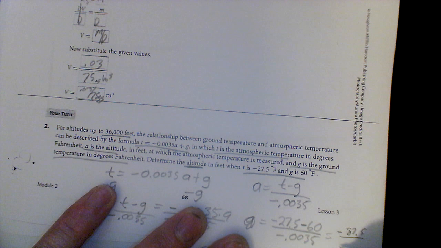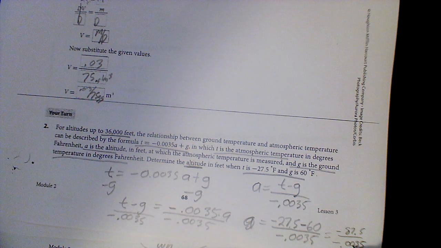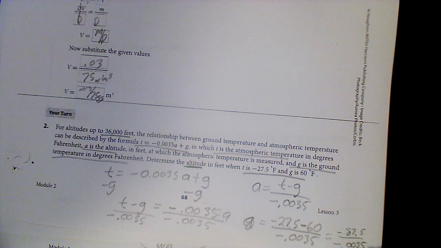That would be minus 87.5. Siri, what's negative 87.5 divided by negative 35 ten-thousandths?